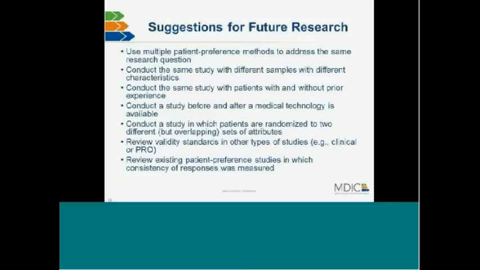And validity standards in preference work is kind of like, I know it when I see it, and it makes sense. And I think a lot of people would agree that, yes, this looks valid, but the standards out there are not the same as they are, for example, in patient-reported outcome studies. So dealing with questions of validity in terms of moving forward, so that users have confidence that what has been done is a good study or not, or a valid study or not.